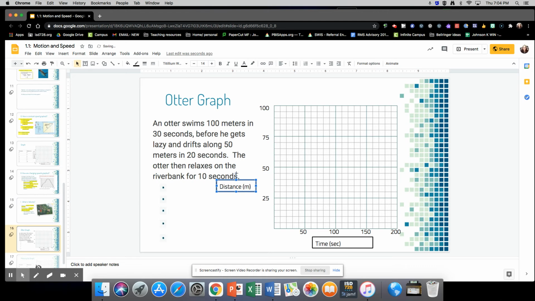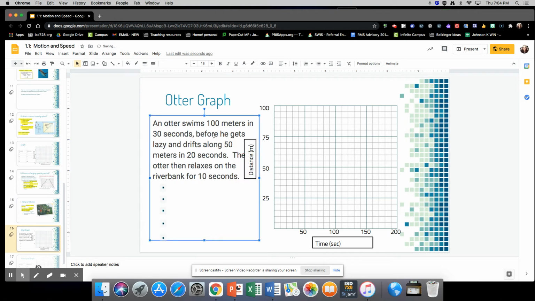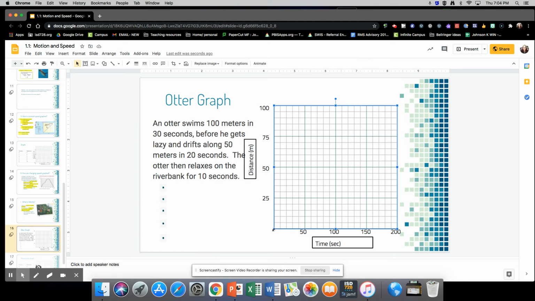Box a little bigger there. Flip it around and move it over. All right, so here's my story. I'm going to start down here always when I'm making a distance time graph. An otter swims 100 meters in 30 seconds. So each of these is going to be 10, 20, 30, 40, 50 seconds.